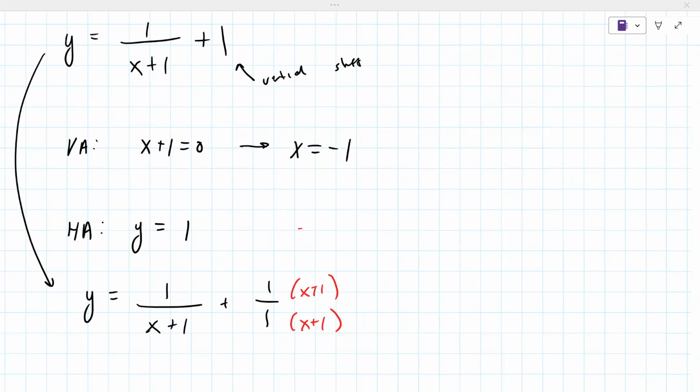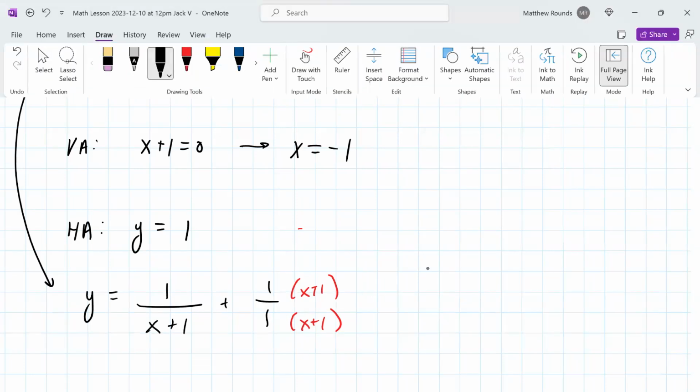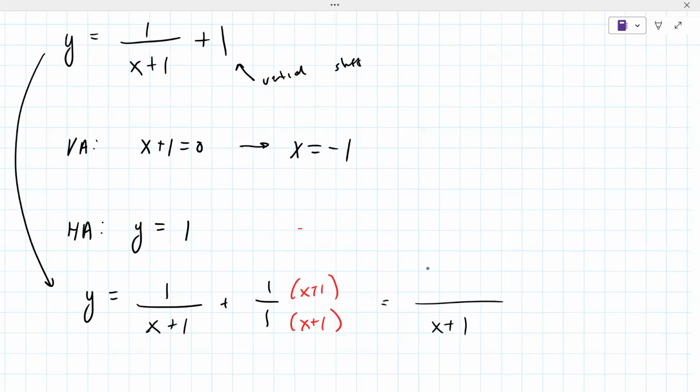Okay, well, the bottom is obviously just x plus 1, right? Right. But the top you would multiply.